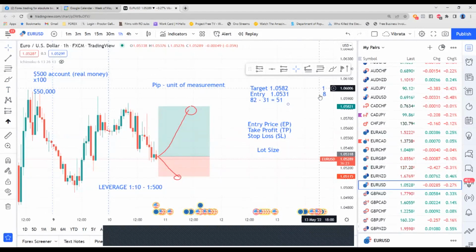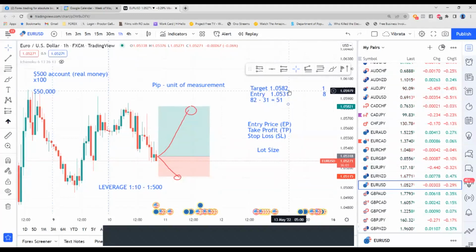We don't care about the fifth number, the small number. It's small for a reason. We care about anything before the small number. So just to make sure you understand, if we move from 1.0582 to 1.0583, that's a difference of 1 pip.